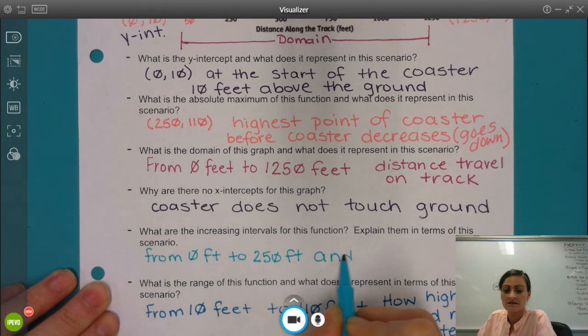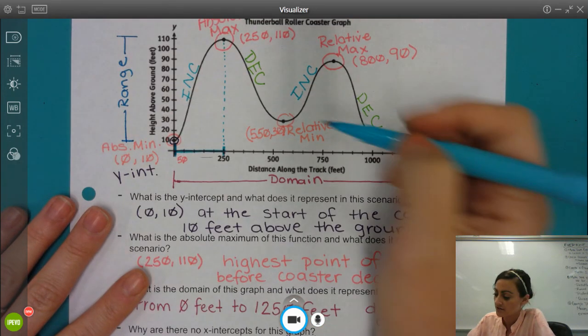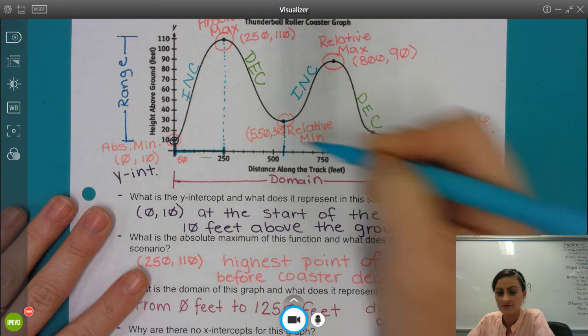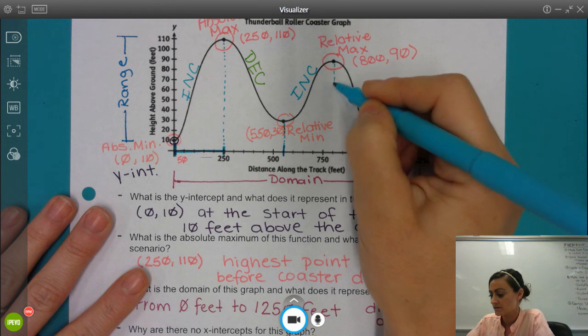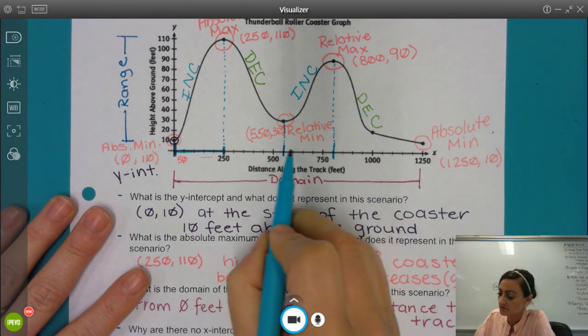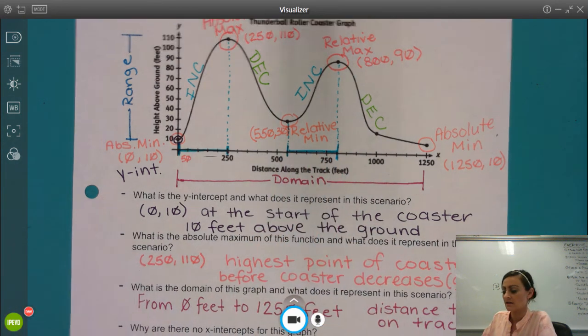And I have a second one that starts at my relative minimum at 550 feet, and it's going to go all the way until I get to my relative maximum at 800 feet. So this whole chunk of time, I am increasing.